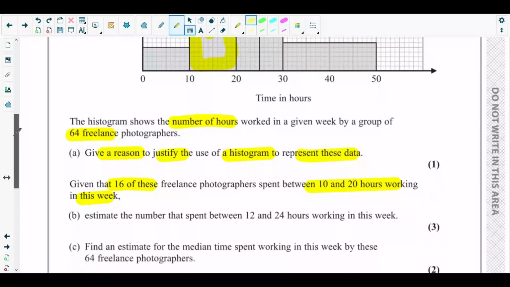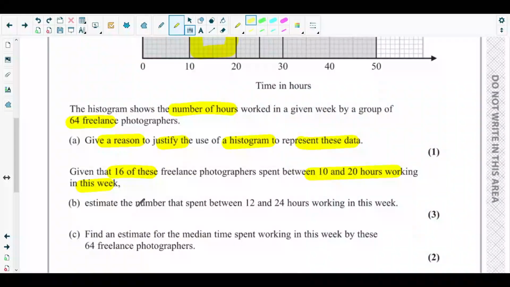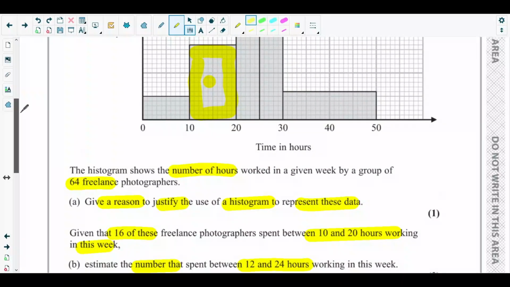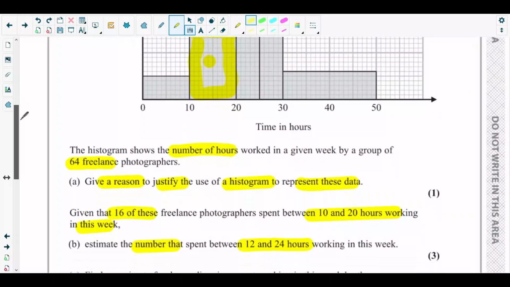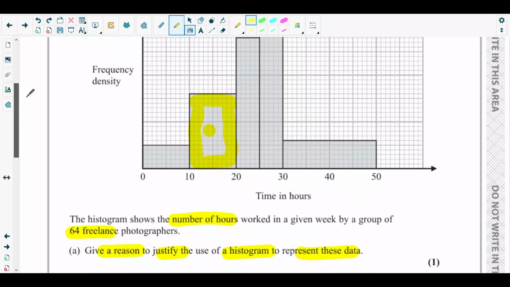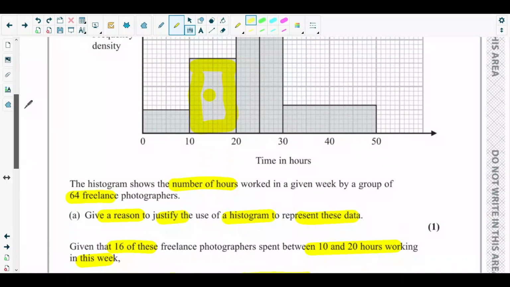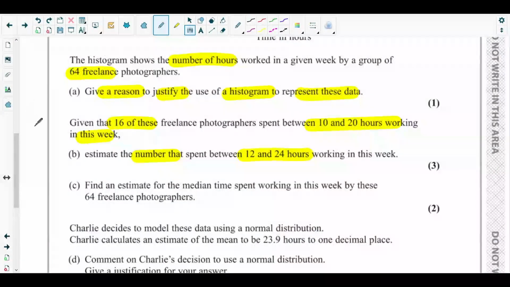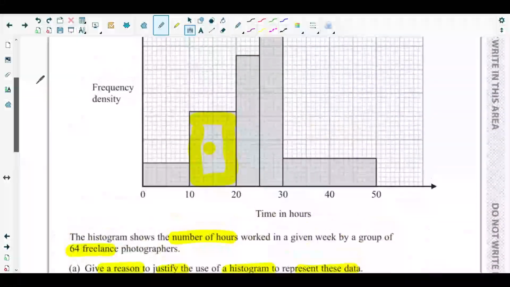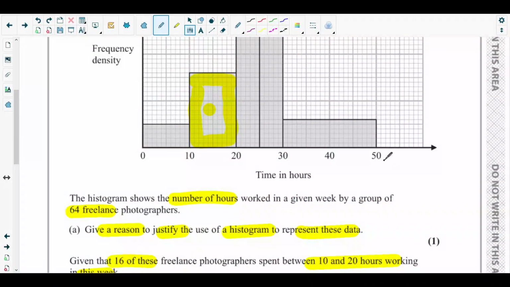Part B is asking to estimate the number that spent between 12 and 24 hours working in this week. We know that in a histogram, the area of the bars is proportional to the frequency.